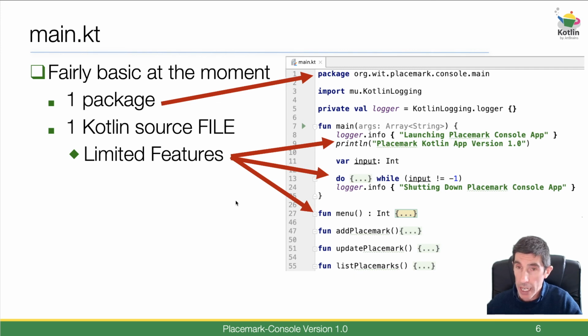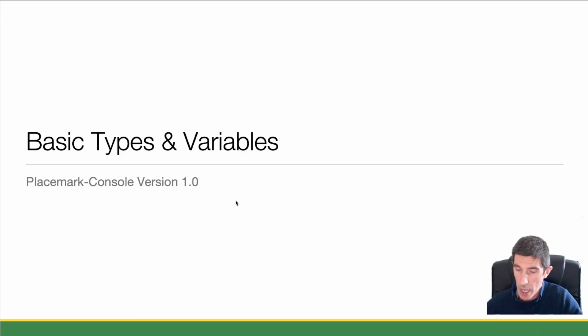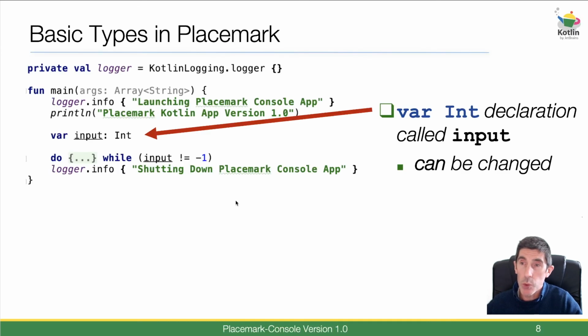Okay, but to look at it in a bit more detail, firstly in terms of our basic types and variables, this is where they crop up. There are a few more in there, but I'll highlight some specific examples. Inside our function main, we have our input. So we have a var input variable of type Int, calling it input.